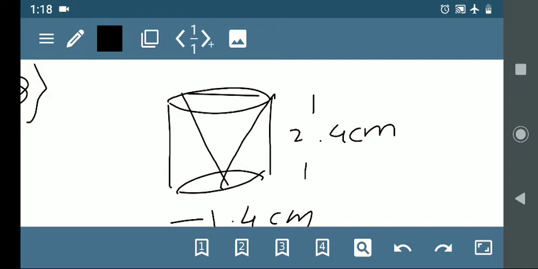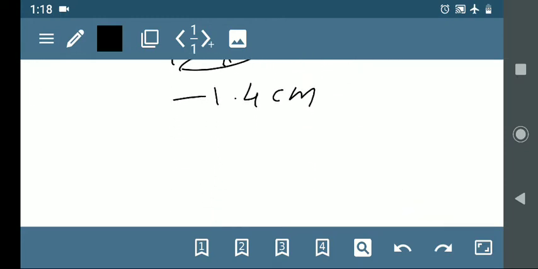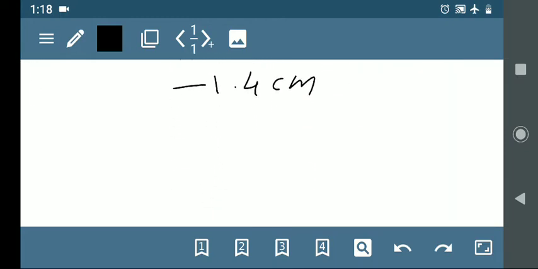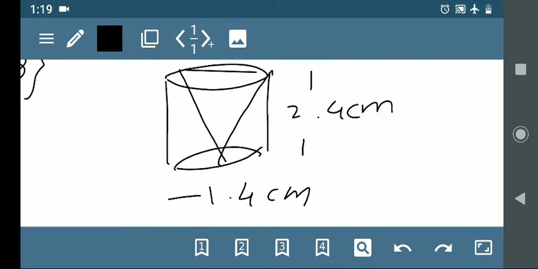Find out the total surface area of the remaining solid to the nearest centimeter square. See here, students, the total surface area of the above solid: first, the cylinder is solid, so it will have a base. It will have a CSA also.